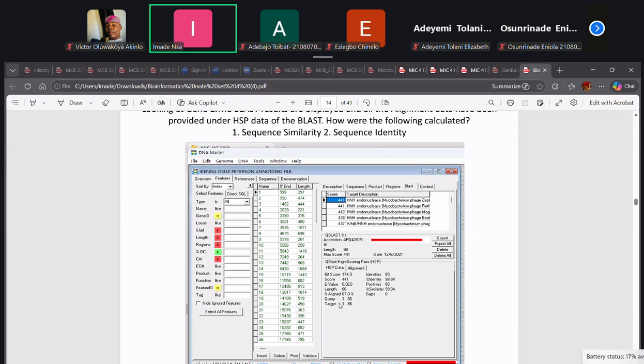The query 1 to 96, they pulled out this exact, and they had an identity of 98.84, similarity 98.84. So if you look at this example, they had matching identity and matching similarity.